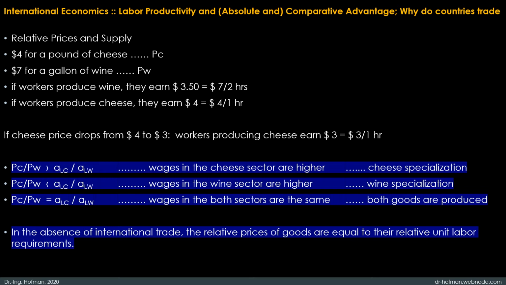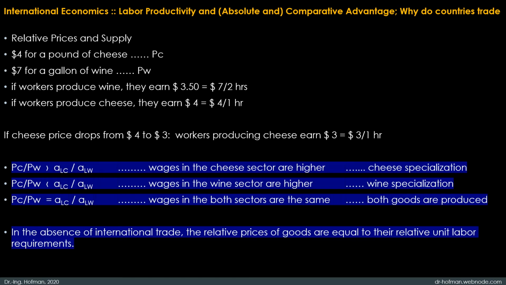More generally, let PC and PW be the prices of cheese and wine, respectively. It takes aLC person hours to produce a pound of cheese. Since there are no profits in our one-factor model, the hourly wage in the cheese sector will equal the value of what a worker can produce in an hour. It will be PC over aLC.